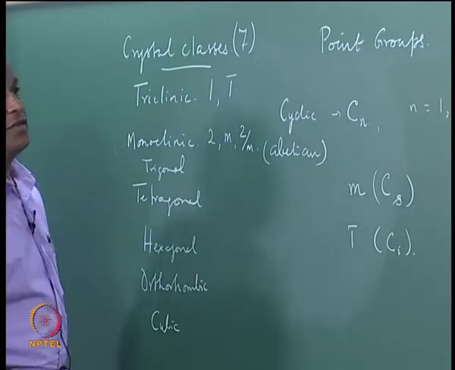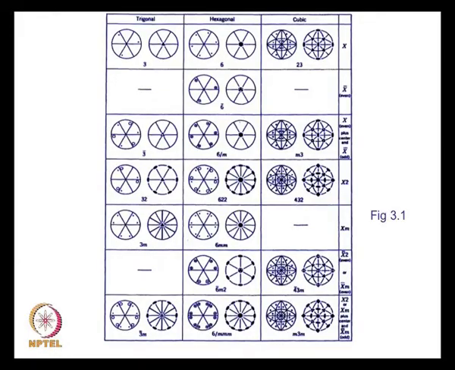Similarly, you can see these various symmetry elements associated with these are also shown by what I explained as stereographic projection last time. So, the distribution of the 32 point groups among the different crystal classes is shown in the next figure.